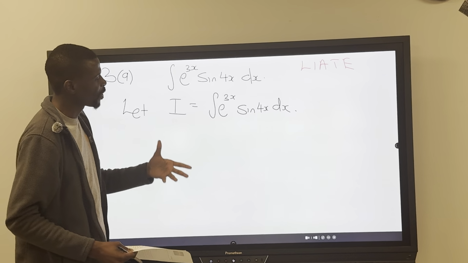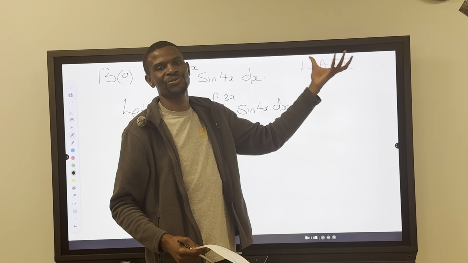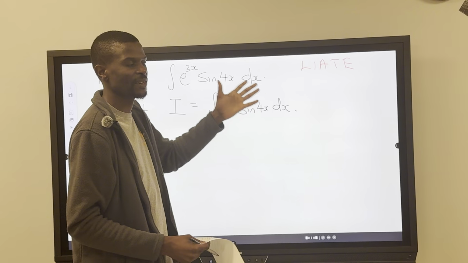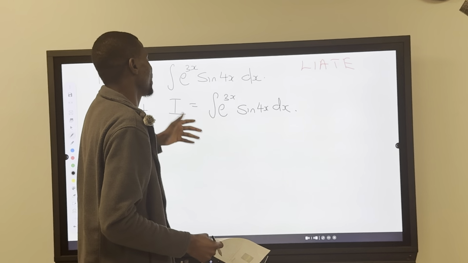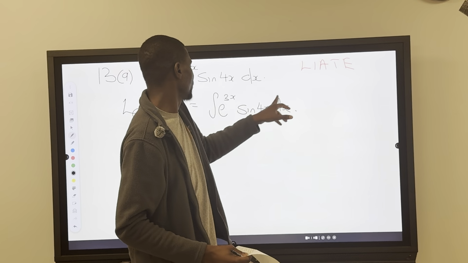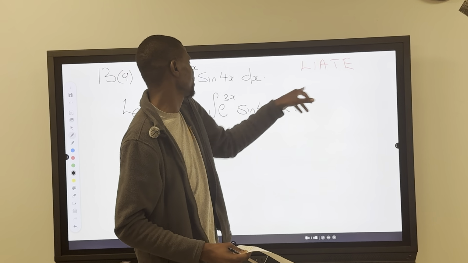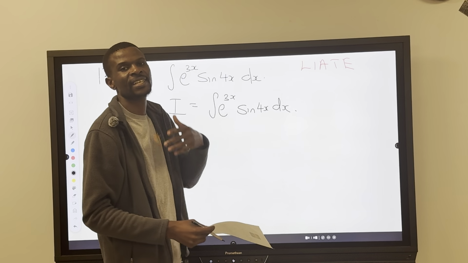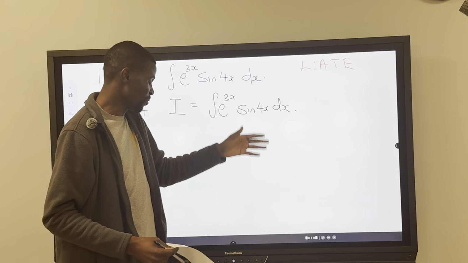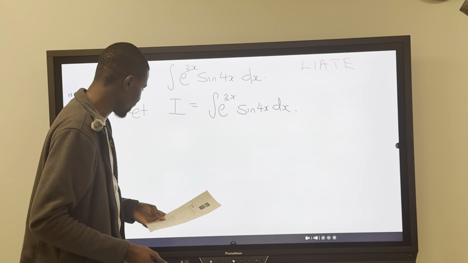So here we are not going to follow the LIATE rule. LIATE rule means anything on the left side must be differentiated. But it doesn't matter whether I differentiate or I integrate the trig, because none of these two will become a constant.